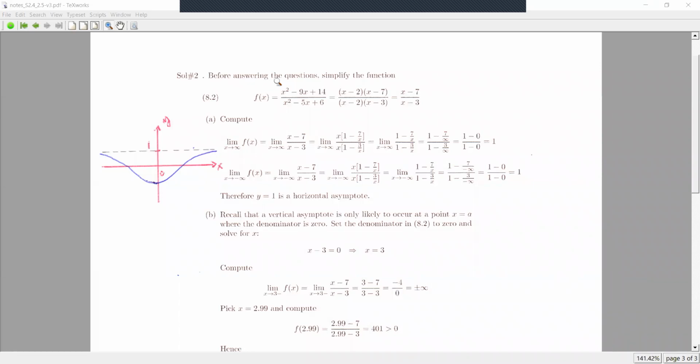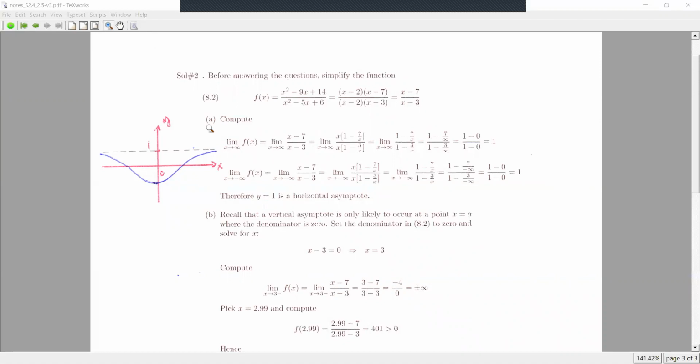Before answering part A and part B of the example, I simplify the function first. Factor out the 2 polynomials, then I have this equation. Cancel x minus 2 from the top and from the bottom. Then the function f is simplified to this function.